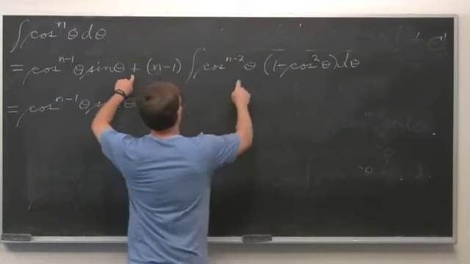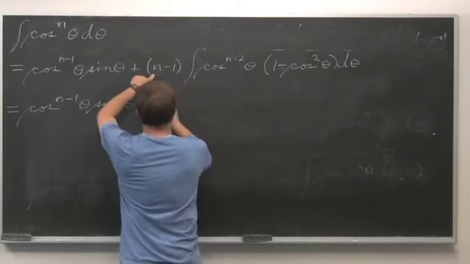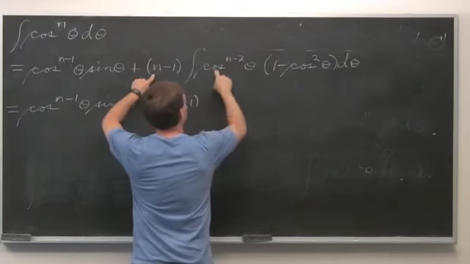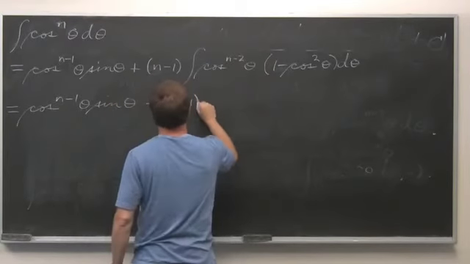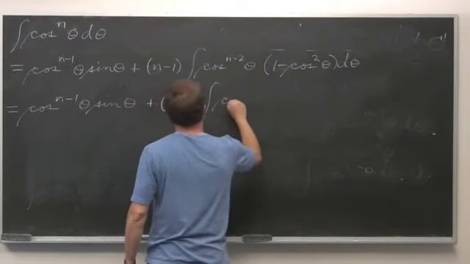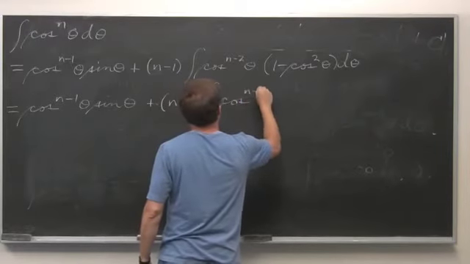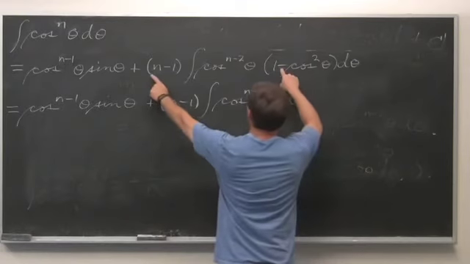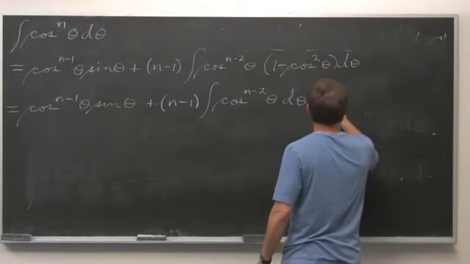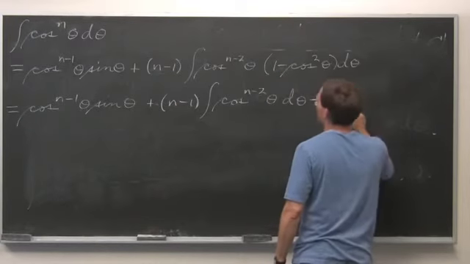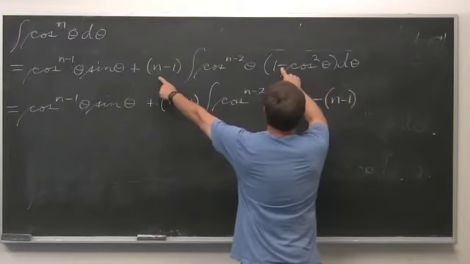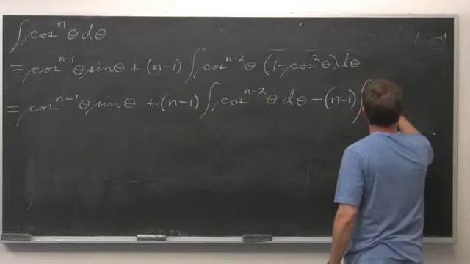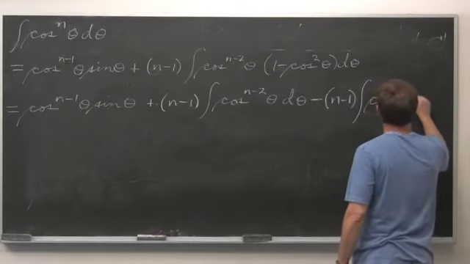There's this part, the plus n minus 1 times this times 1 d theta. So plus n minus 1 times the integral of cosine n minus 2 of theta d theta. And then this last part, which is minus n minus 1 times this, but that's cosine n theta again, the integral of cosine of theta to the n d theta.